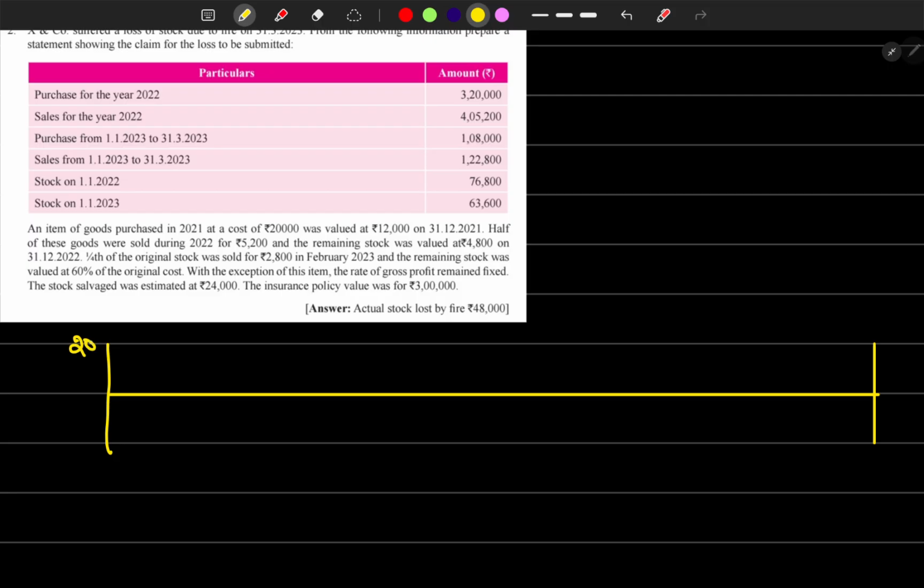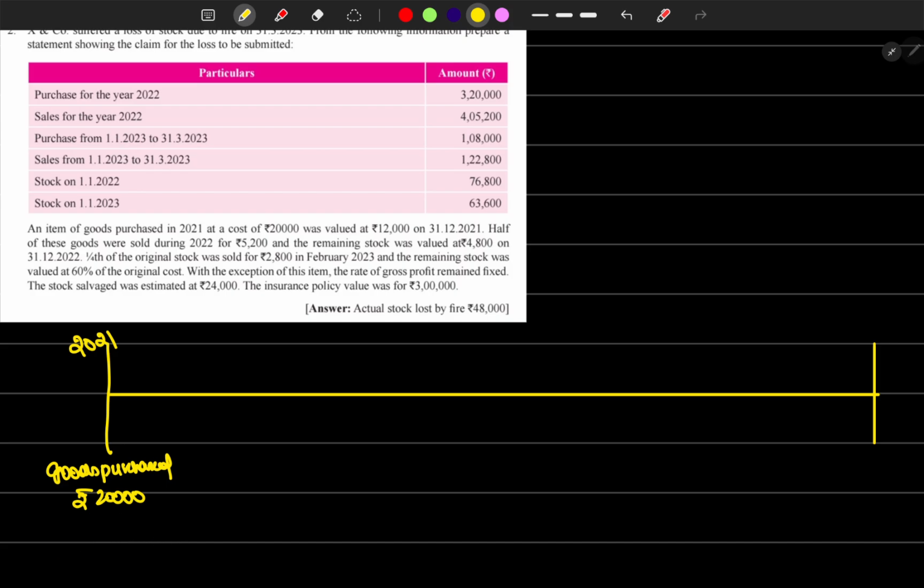In 2021, goods purchased for rupees 20,000 were valued at, which is the WDV, 12,000.